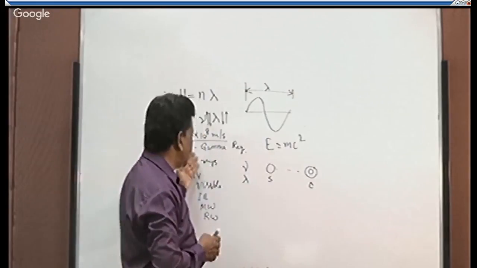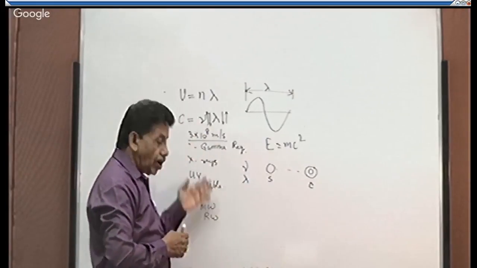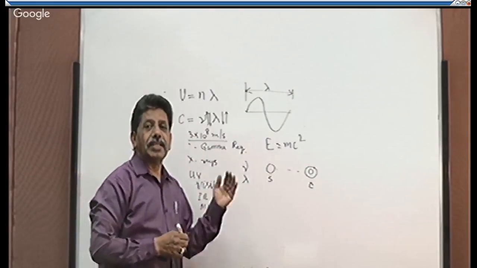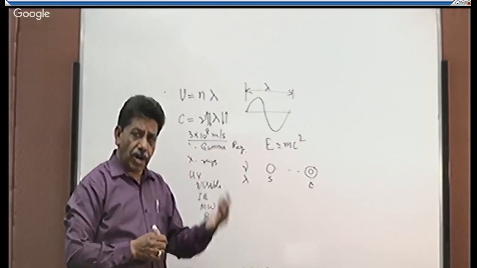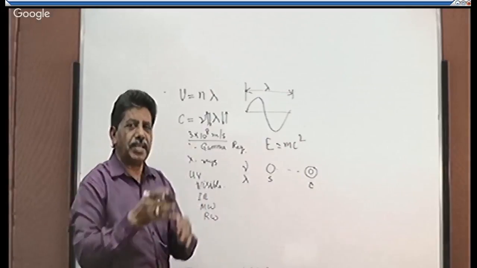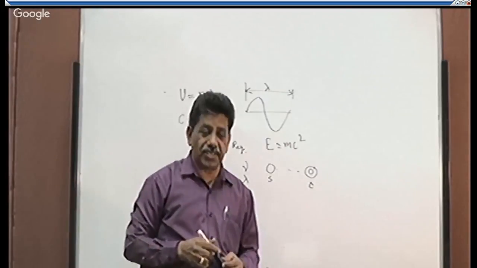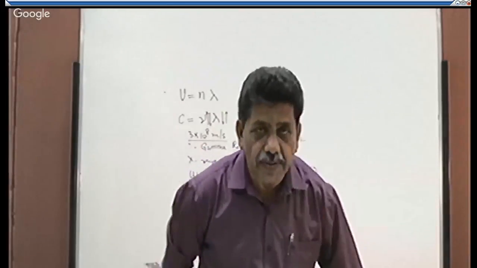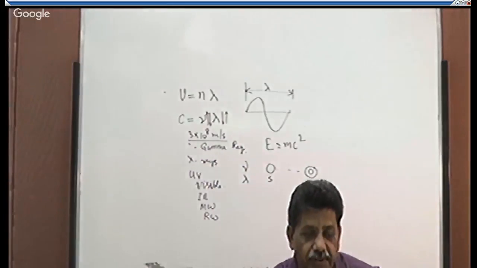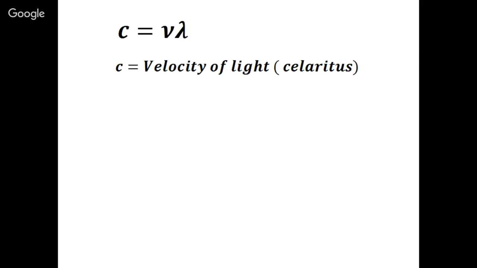Not only light, gamma rays, X-rays, and all other electromagnetic radiations can travel through vacuum also, and they can propagate through different materials to different extents. Now, let me explain this relation. C is equal to nu lambda, where C is known as velocity of light.